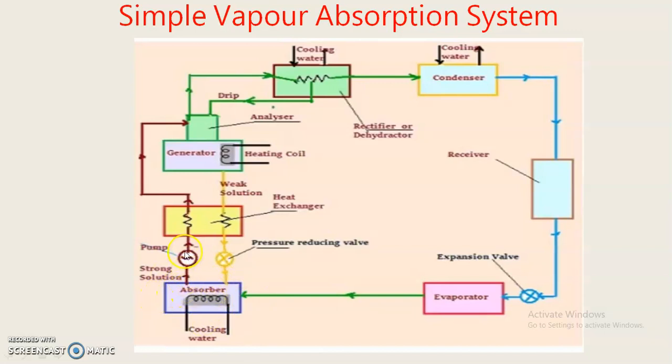That strong solution, with the help of the pump, is passed through the heat exchanger and again goes to the generator section. In the generator, with the help of a heating coil, we heat the strong solution. Any weak solution left after the ammonia is removed goes back to the absorber through the pressure reducing valve. The heat exchanger is used to heat the strong solution.